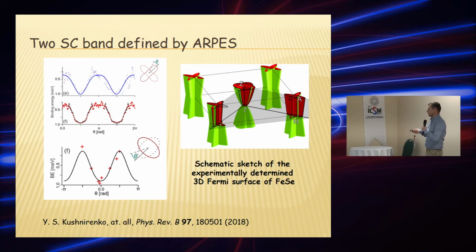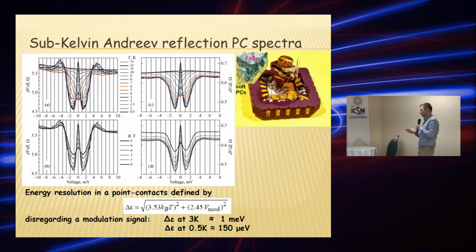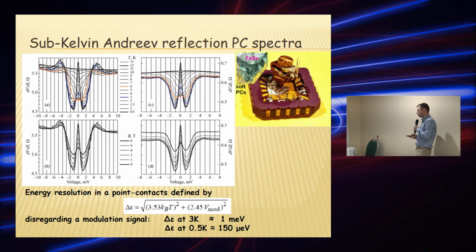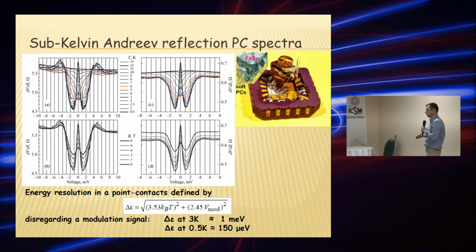We couldn't recognize that in our previous measurements, so what we decided to do, we know from the beginning of point contact spectroscopy that there is such a thing as energy resolution for the spectra, and the energy resolution depends on the temperature and on the modulation signal. If we exclude the modulation signal and look at the lowest temperature we've been using before, like 3 Kelvin, that energy resolution is about 1 milli-electron volt.